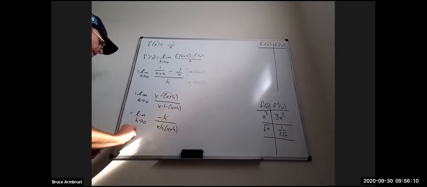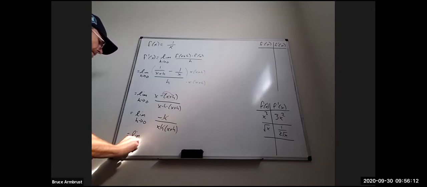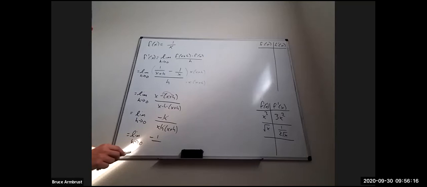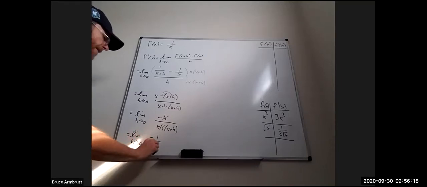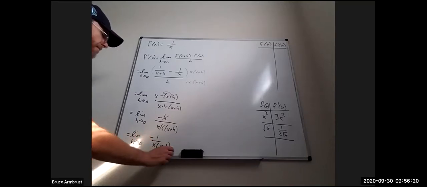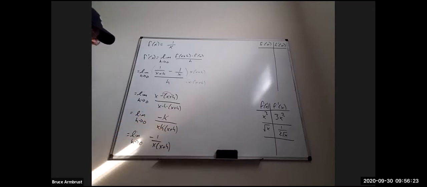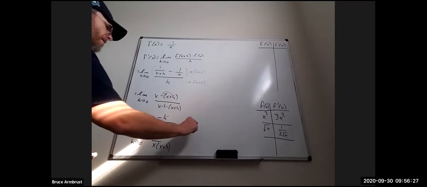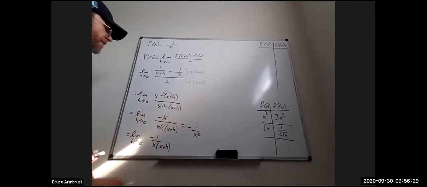So I'm left with the limit as h goes to 0 of minus 1 over x times x plus h. So this one I can now plug in 0, and I'm left with 1 over x times x, which is 1 over x squared.